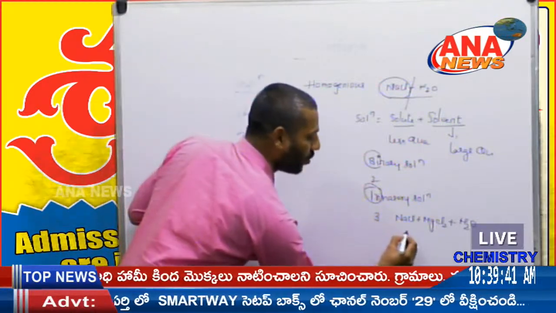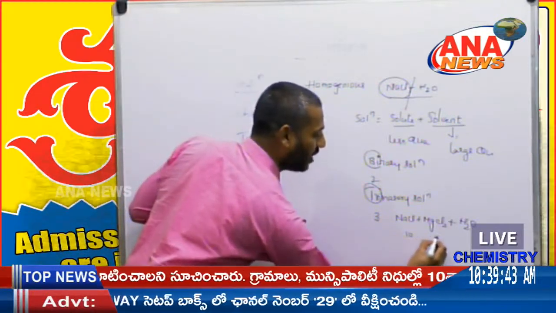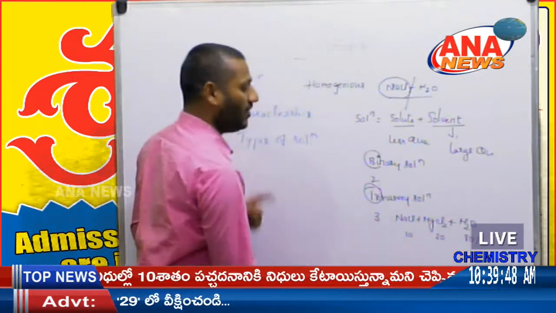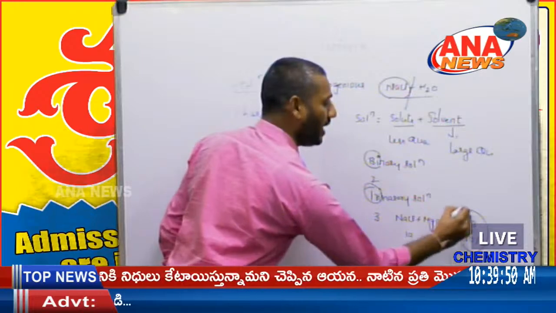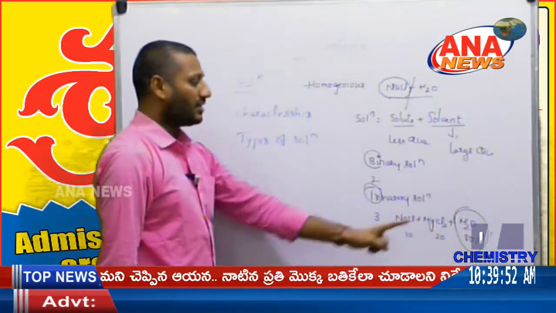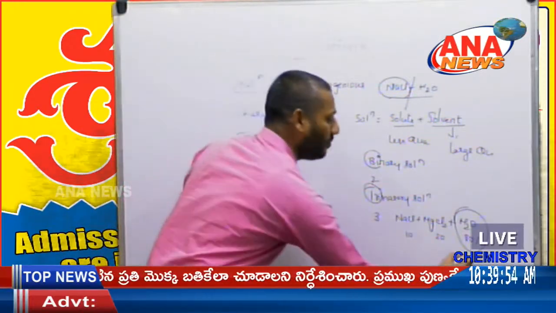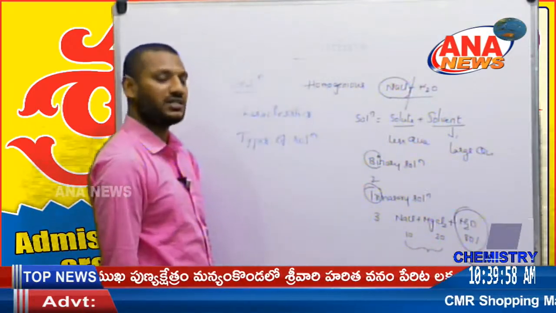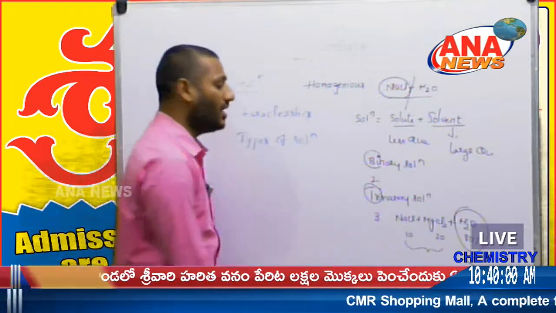Two are small quantities, like 10% and 20%, but the remaining 80% is there. If a component exists in a large proportion, it is accepted as the solvent, but the remaining two are small proportions, so they are accepted as solutes.